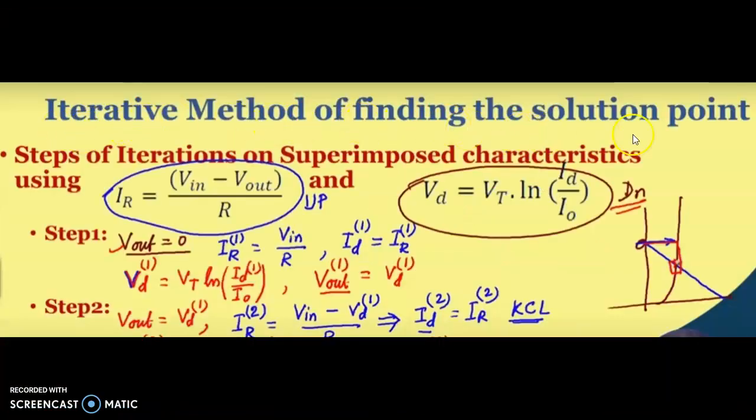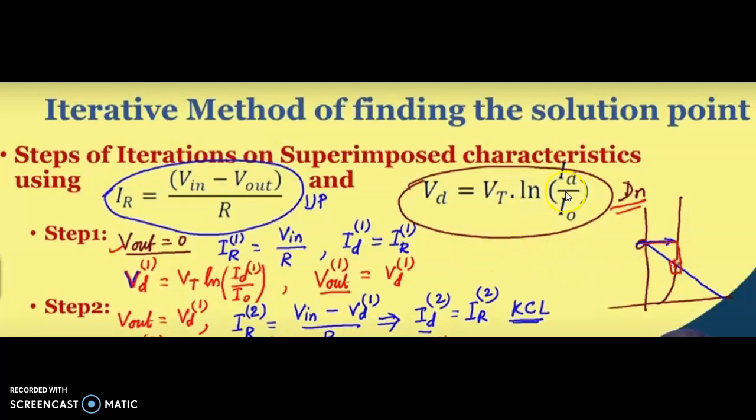Iterative method of finding the solution point. Steps of iterations on superimposed characteristics using IR equal to Vin minus Vout divided by R and Vd equal to Vt ln of Id divided by I naught. Here only is the solution; we already saw it in the last slide.